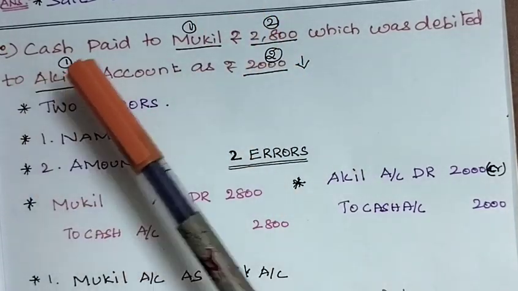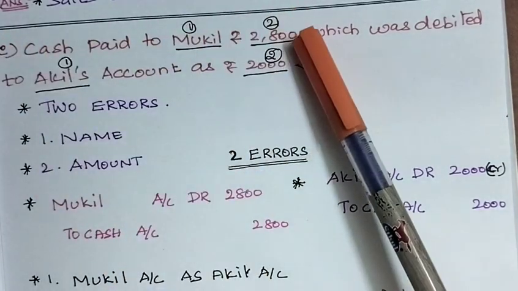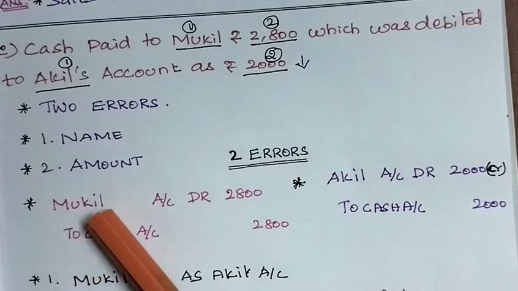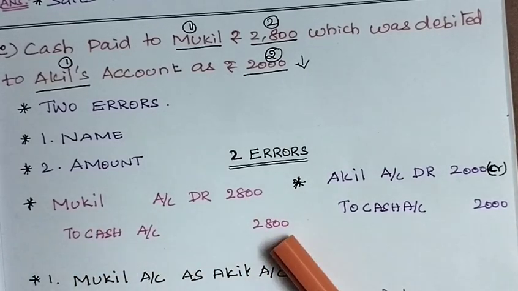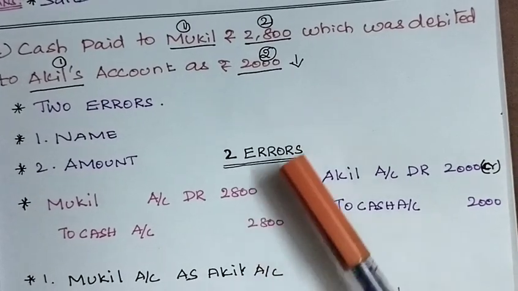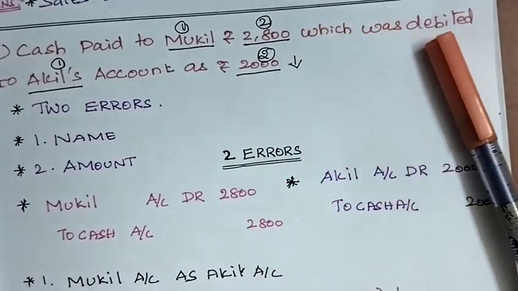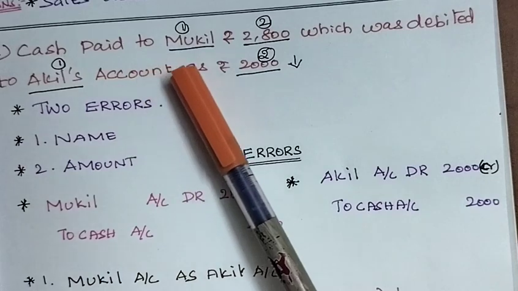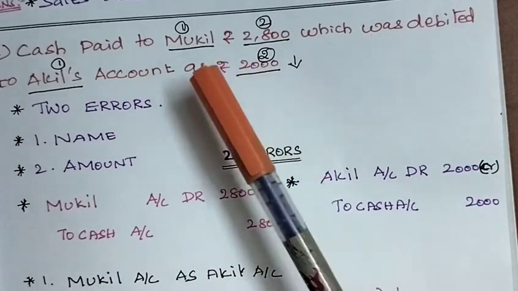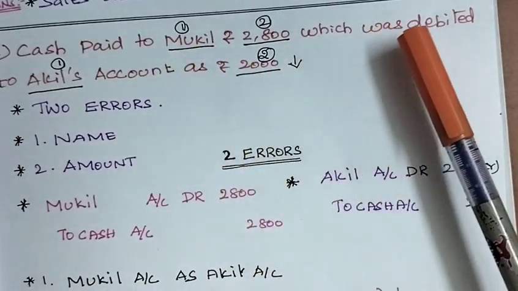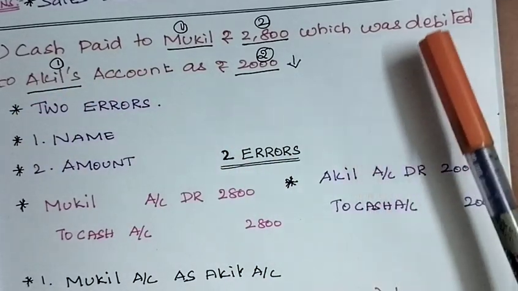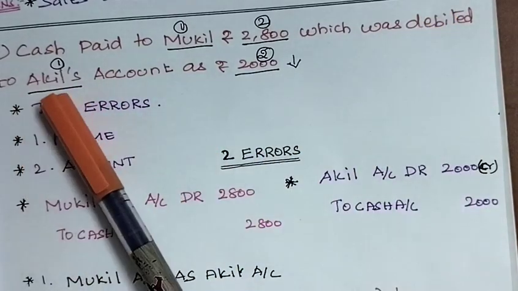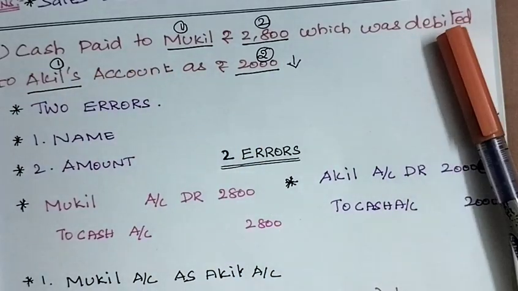For this transaction, the journal entry is Mukil account debit 2800 to cash account 2800, right? Then listen here carefully. It was debited to Akhil's account as 2000. Instead of Mukil, Akhil's account was debited.